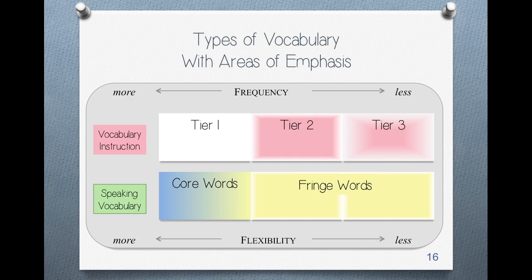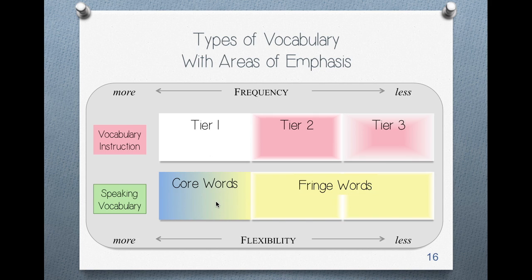The other thing that we can see from this is that our core words, which are primarily in blue, are completely contained within the tier 1 segment. So directly above the core words, you find tier 1, and core words do not extend over into the tier 2 section. So all of our core words and then some fringe words are all tier 1 words.